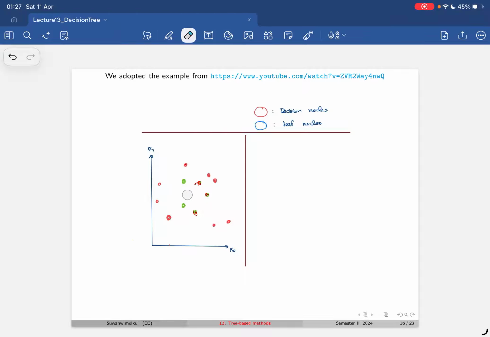But if this is not pure leaf, if this is like a mix of points from different classes, so that means that, okay, we have to do something, we have to run something. So we have to have the child. And we know that there are 2 possible child, either the left child or the right child.